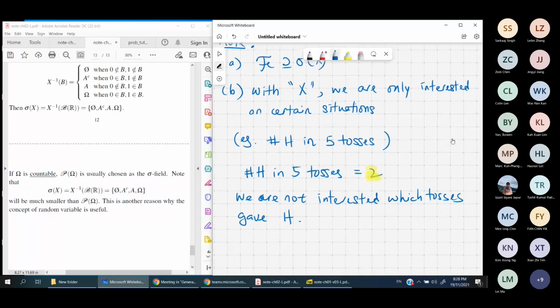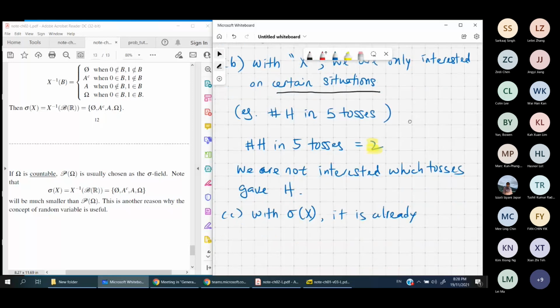Since we are only interested in some special cases, certain situations only, this sigma X is already enough for us to analyze those cases.